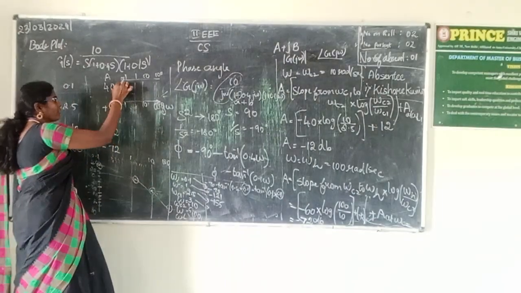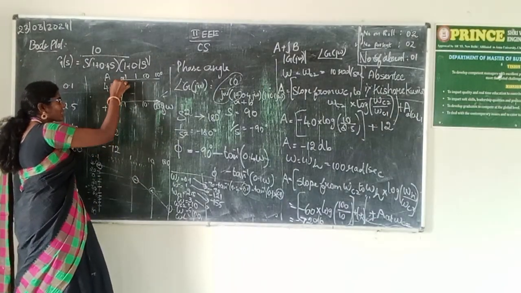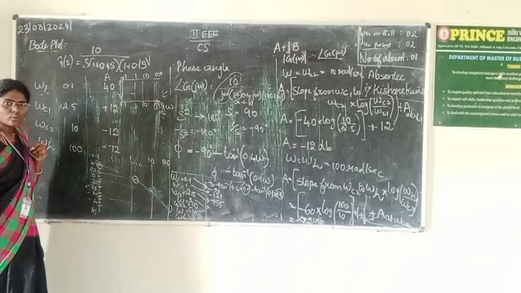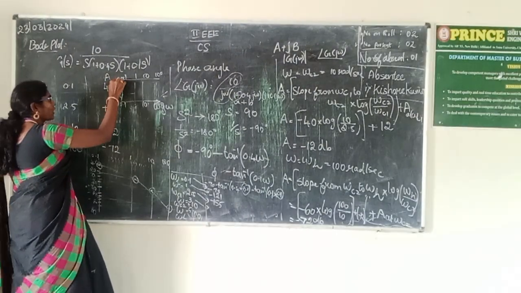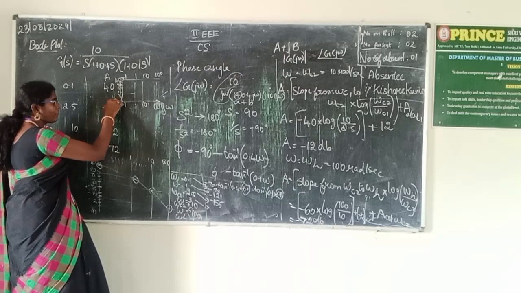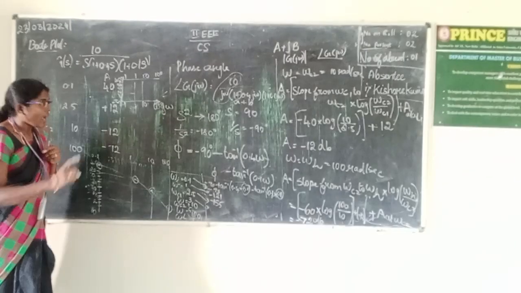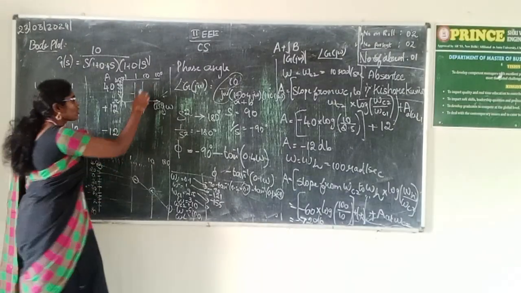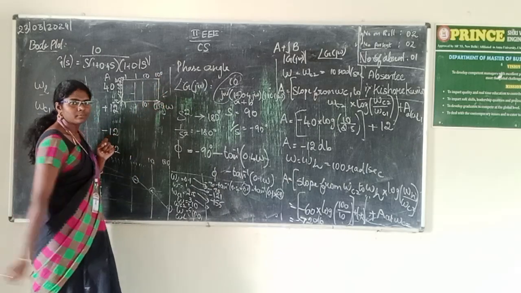In magnitude, we will take it here. In this axis, we have taken magnitude. We have marked plus 40, 30, 20, 10 up to 80, minus 80. And we mark the phase towards the right hand side.